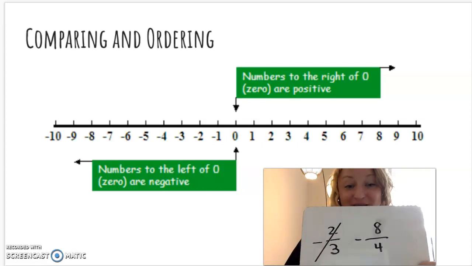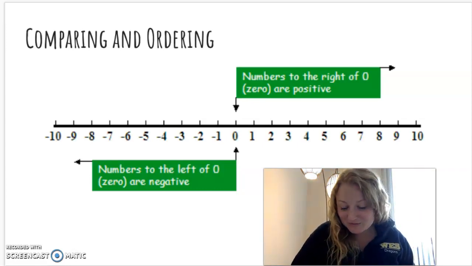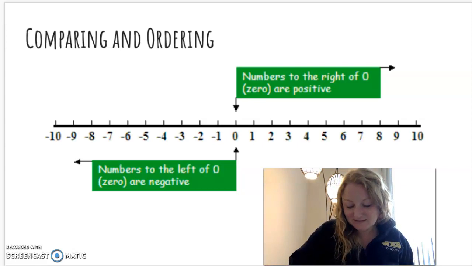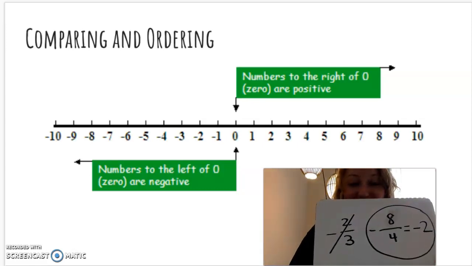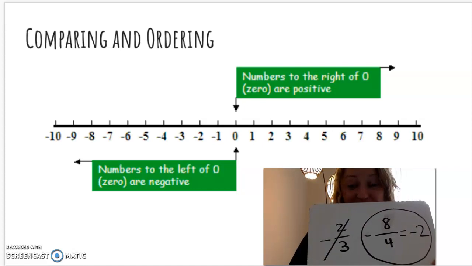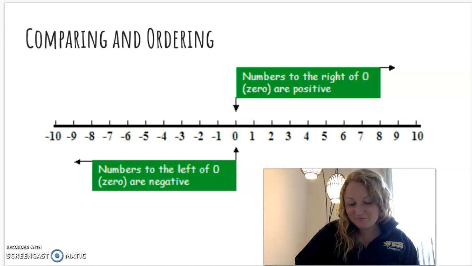Remember, fraction bar means division. What's 8 divided by 4? 2. So -8/4 is just another way of saying -2. Is -2 an integer? Yep. So -8/4 is also an integer.